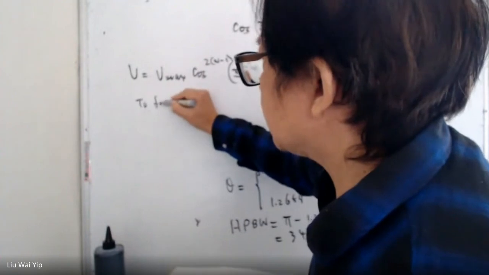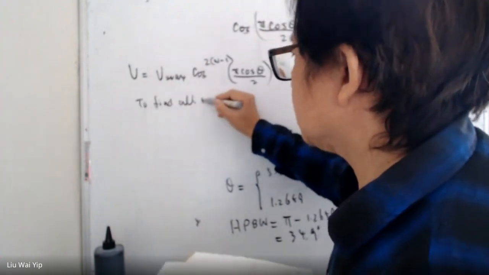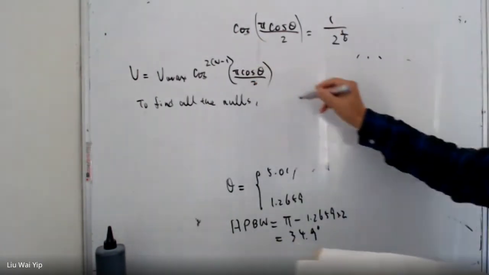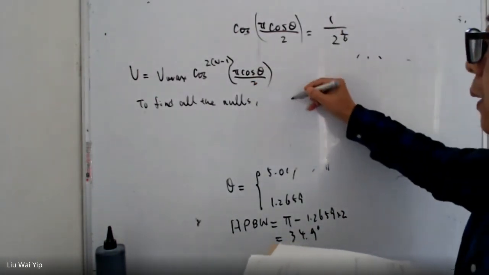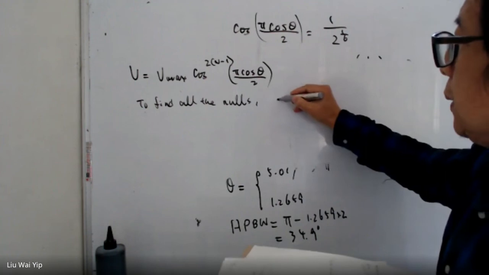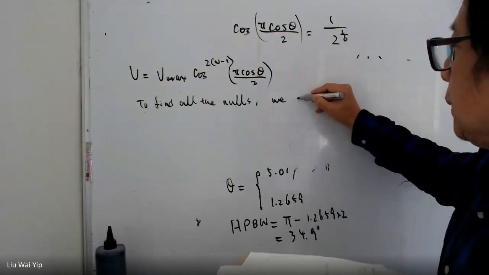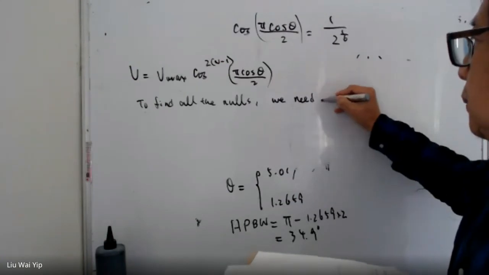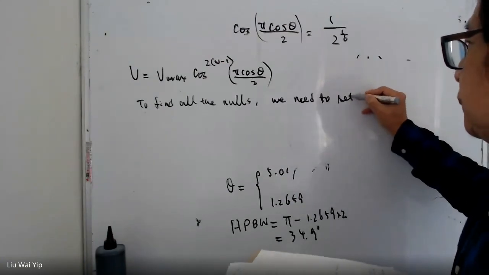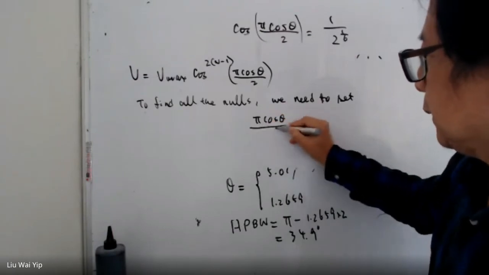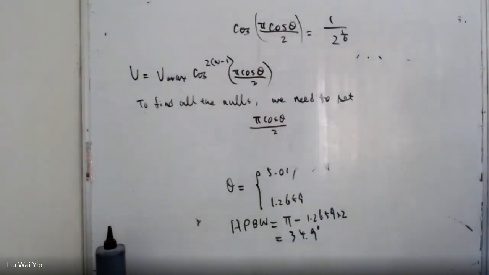To find all the nulls, we need to set this function equal to 0.